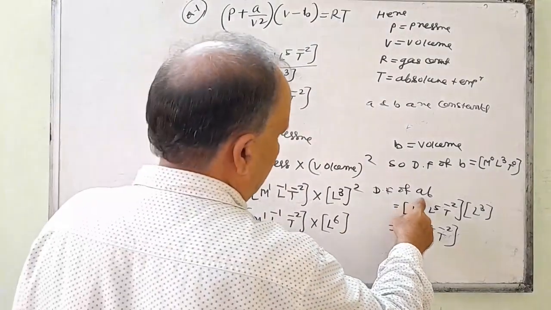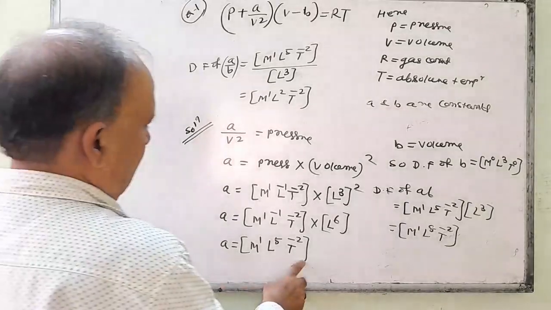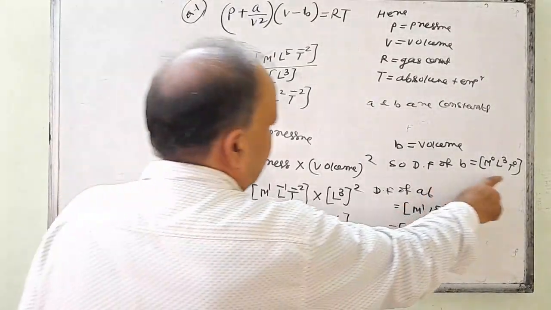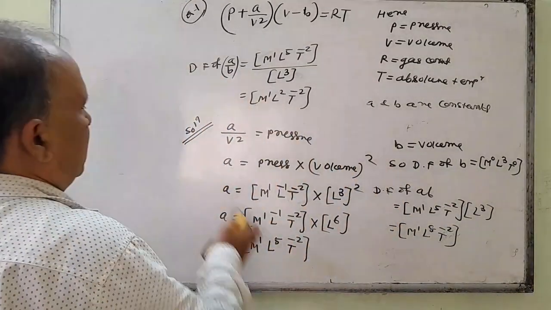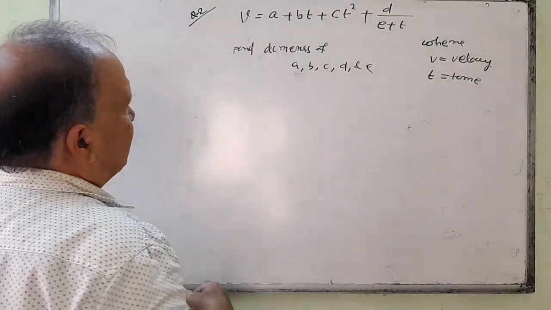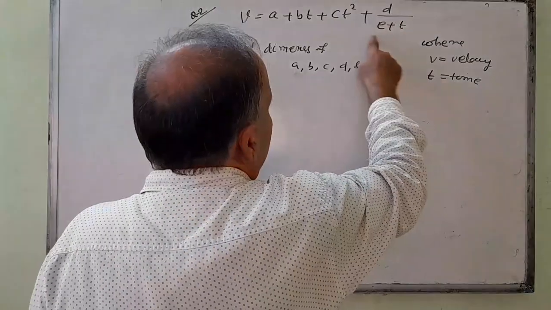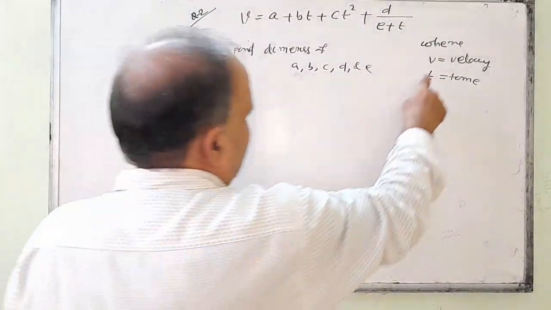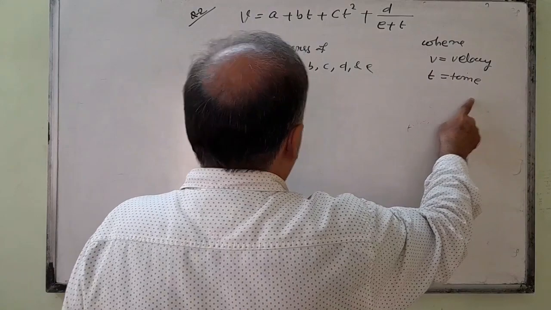This is the dimensional formula of AB, this is the dimensional formula of A, and this is the dimensional formula of B. V is equal to A plus BT plus CT square plus D by E plus T, where V is velocity and T is time.